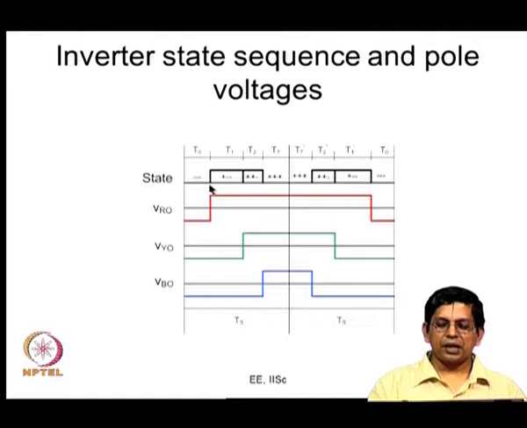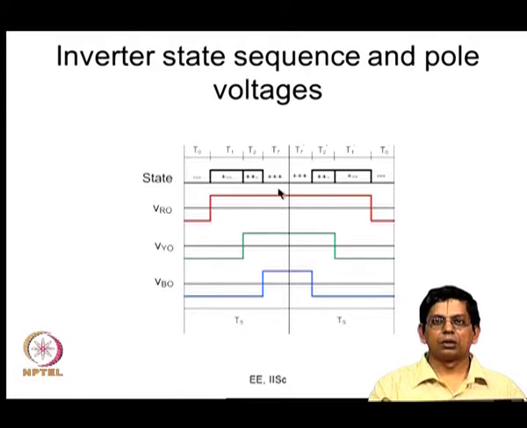So, the inverter state here starts from the 0 state minus minus minus, that is, VRO, VYO and VBO are all negative, and it goes through plus minus minus, where VRO switches positive, VYO and VBO stay negative. Again you have this T2, so plus plus minus. Then you have plus plus plus where all of them are on. So, this starts from one 0 state, goes through one active state, then the second active state, and finally goes back to the other 0 state.